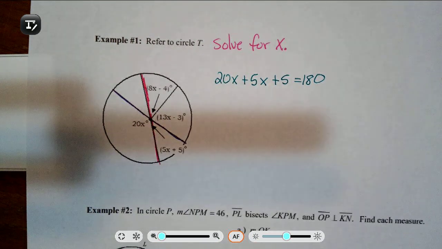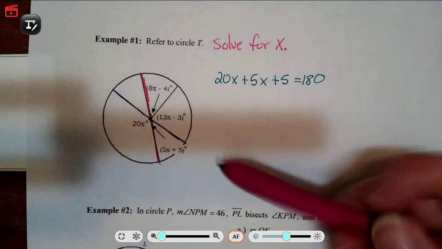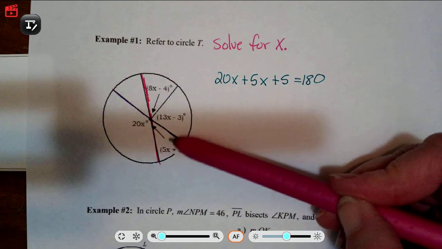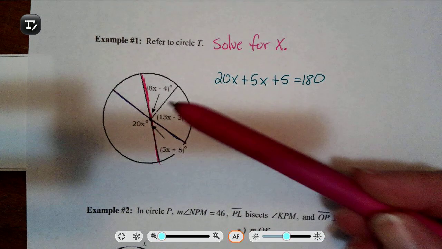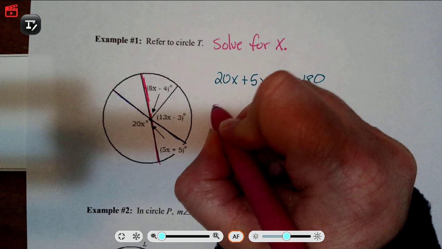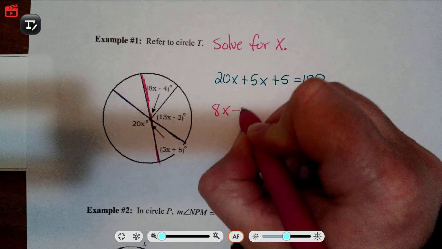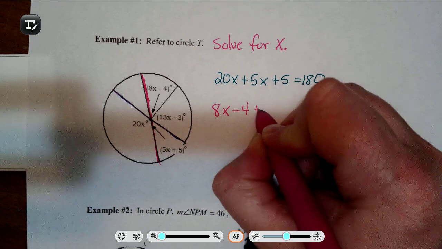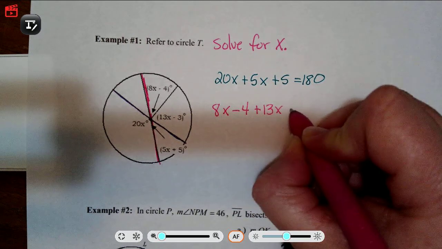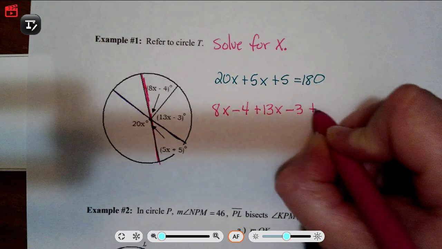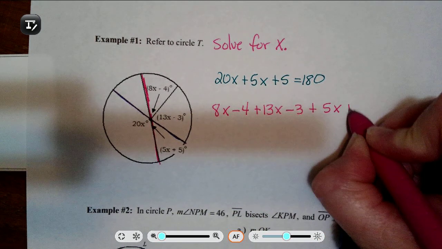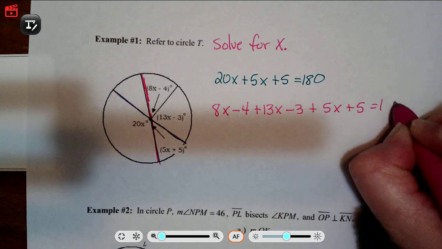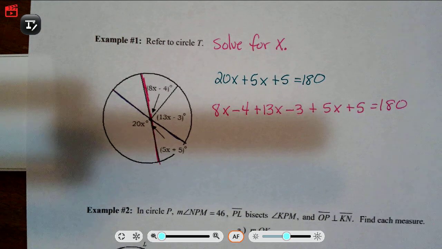Okay, so if I'm looking at that line, then I would know that these three all have to, again, add up to 180. So maybe I'm looking at 8x minus 4 plus 13x minus 3 plus 5x plus 5 equals 180.